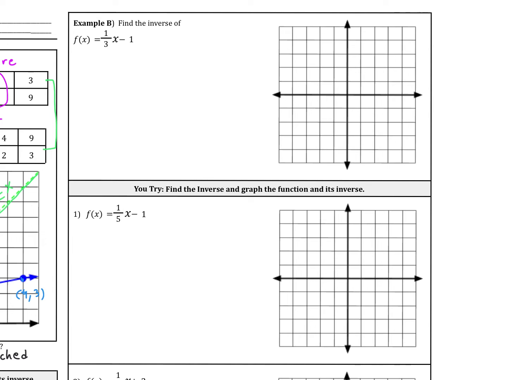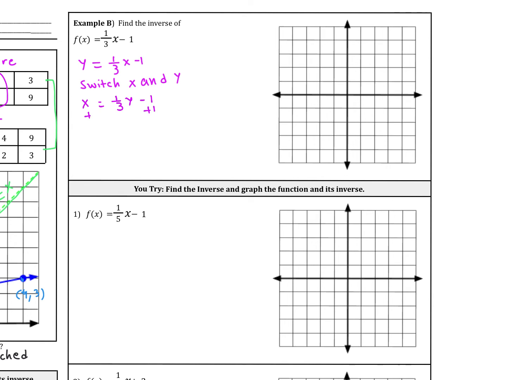Same thing for the next question. You are given f(x) equals 1 over 3 x minus 1. You're going to set y for f(x), and then you're going to switch x and y. So when you switch x and y, you got x equals 1 over 3 y minus 1.